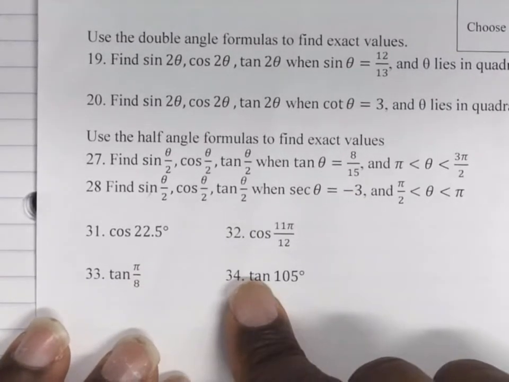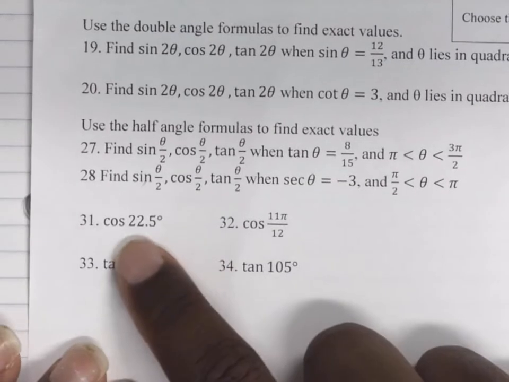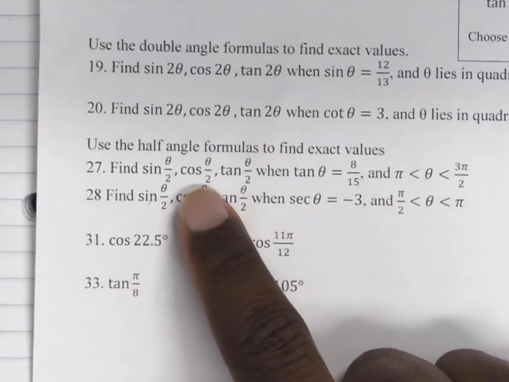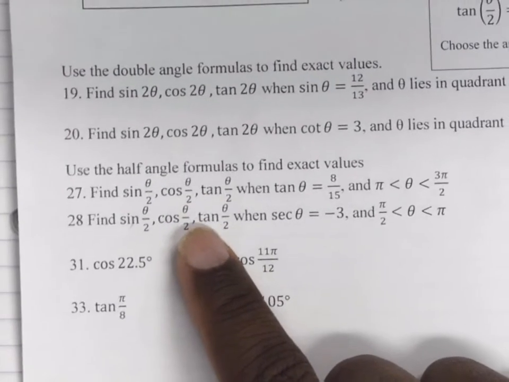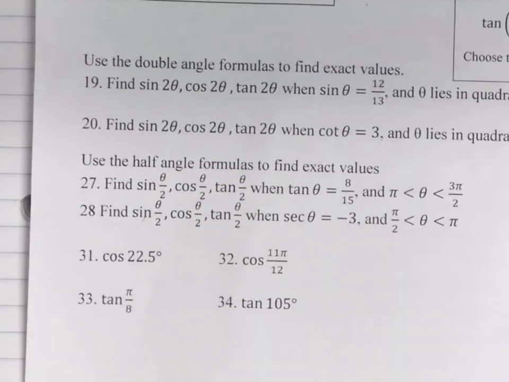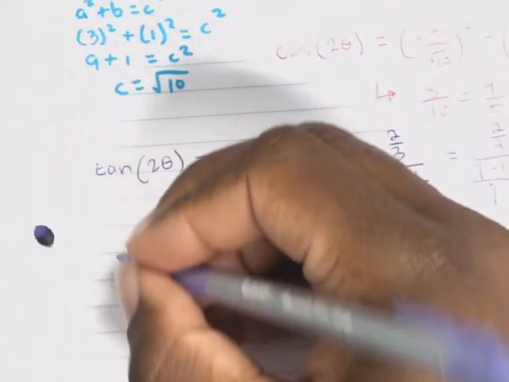On 31 through 34, we'll just double the angle and then use the formula. So these last four are pretty straightforward. On 27 and 28, we have a little bit of work to do to get the exact values, but once we figure out what the other exact values are, we can just solve them as we normally would.